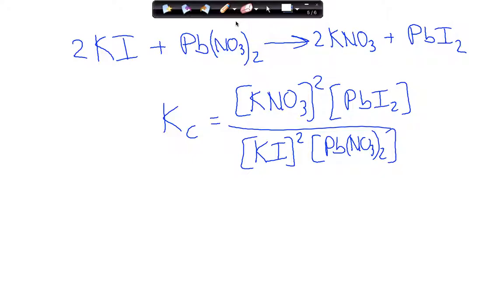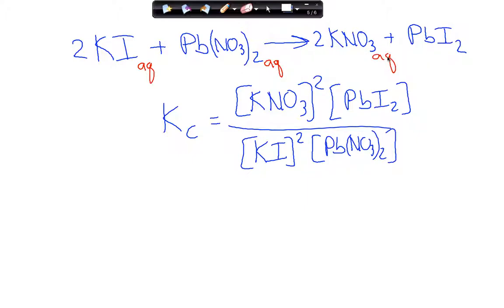Does potassium iodide dissolve in water? Yeah, it does. All halides dissolve in water unless they're bonded to silver, lead-2, and mercury. Do all nitrates dissolve in water? Oh, baby.